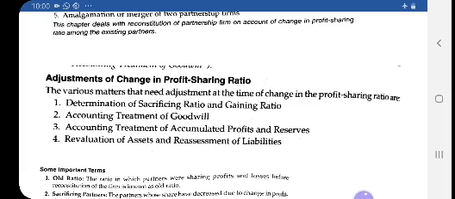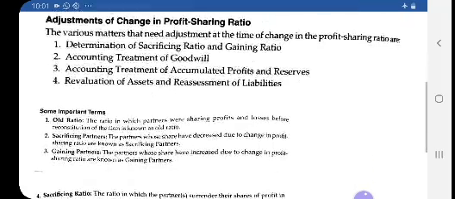And in case B, you recall, there is no need to open a revaluation account. You simply do what? Add all the credit items like increases in assets and decreases in liabilities, and then from this deduct the decreases in assets and increases in liabilities. That net effect amount is the amount to be compensated by the gaining partner to the sacrificing partner.